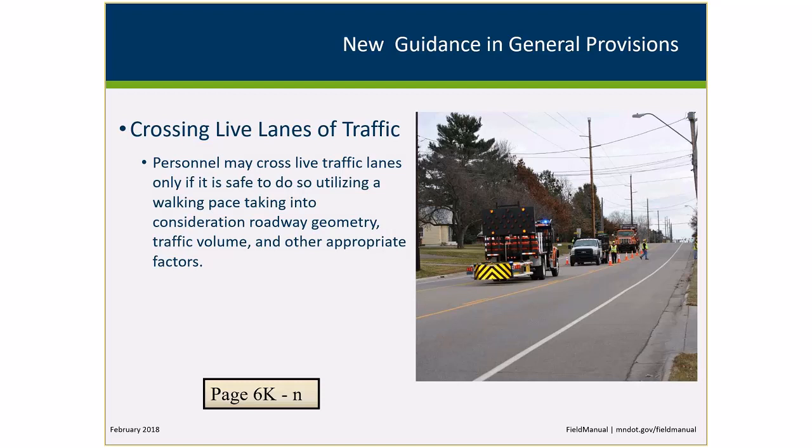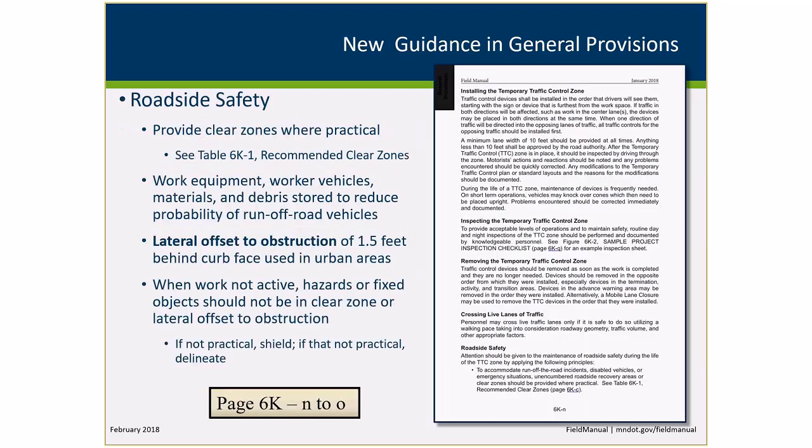And if you're carrying something like a sign or a box, or doing a traffic counting operation, and you're running, you're even more likely to have issues and maybe stumble. So if you've got enough of a gap that you can walk across safely, we felt that was the best way to do that as safely as possible. So that's guidance that's in the field manual now, and it does apply statewide.